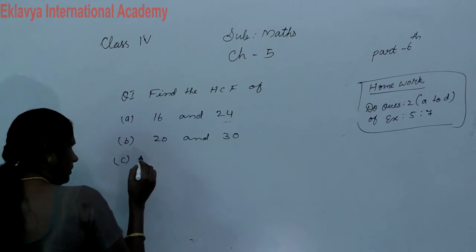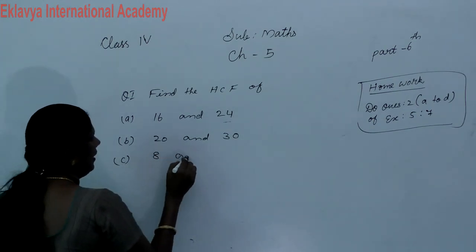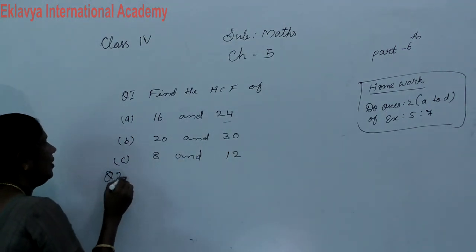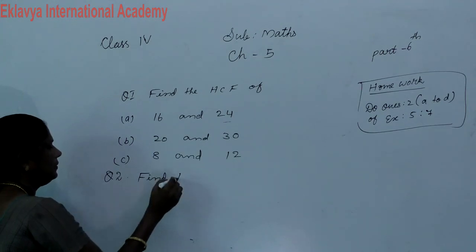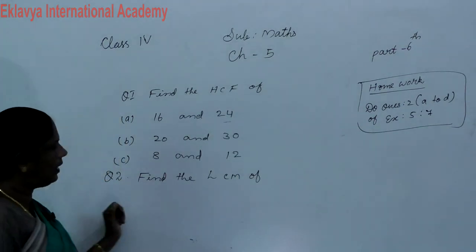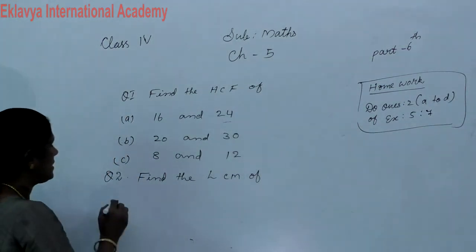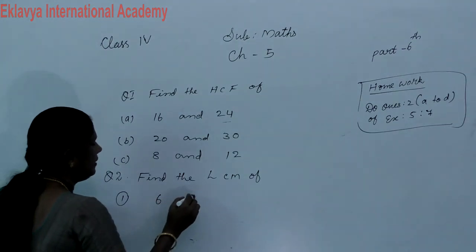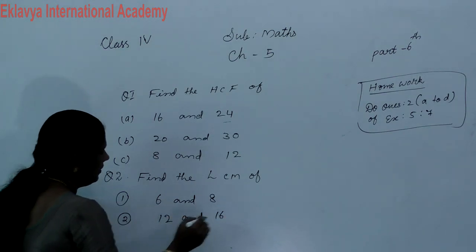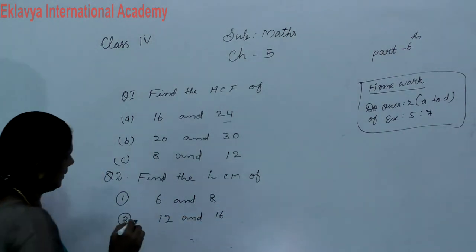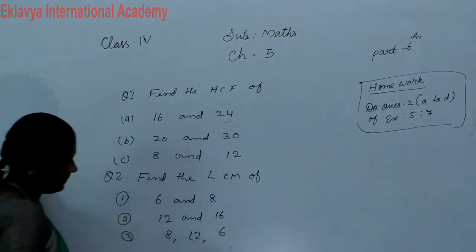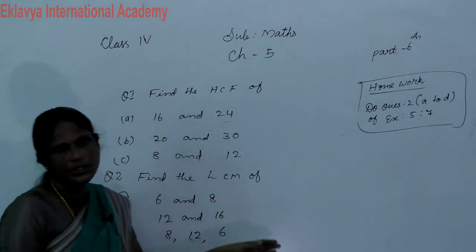Then C, 8 and 12. Then second question, find the LCM of first 6 and 8, second 12 and 16, then third 8, 12 and 6. Okay, you do these questions in your notebook.